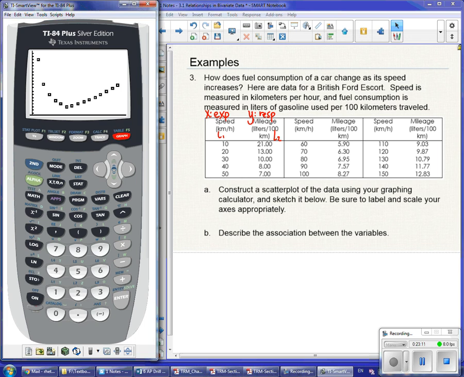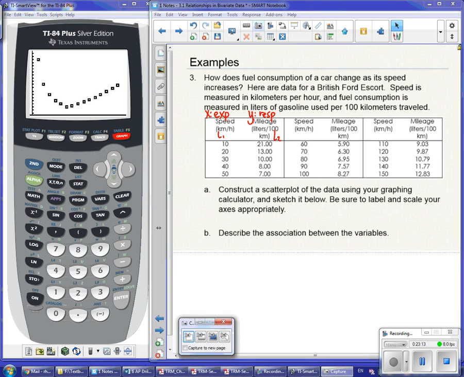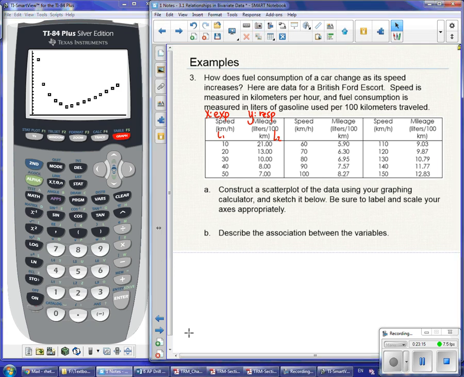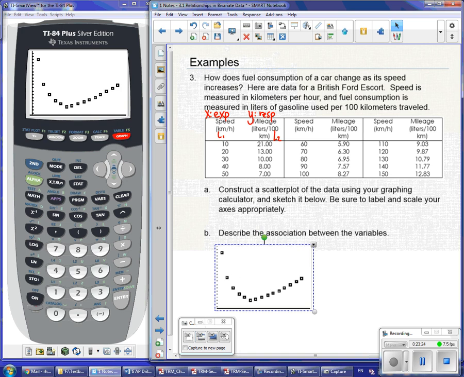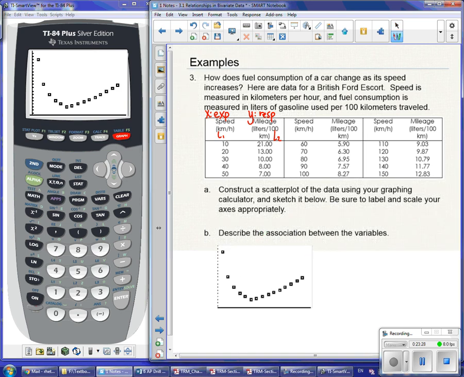And so essentially what you're asked to do now is to describe the relationship between the variables. I'd like you to go ahead and think about the strength, the direction, and the form. Let's make sure that we label these.